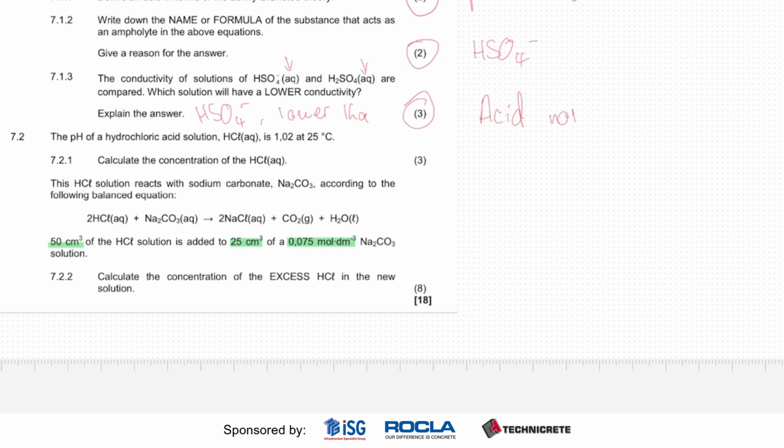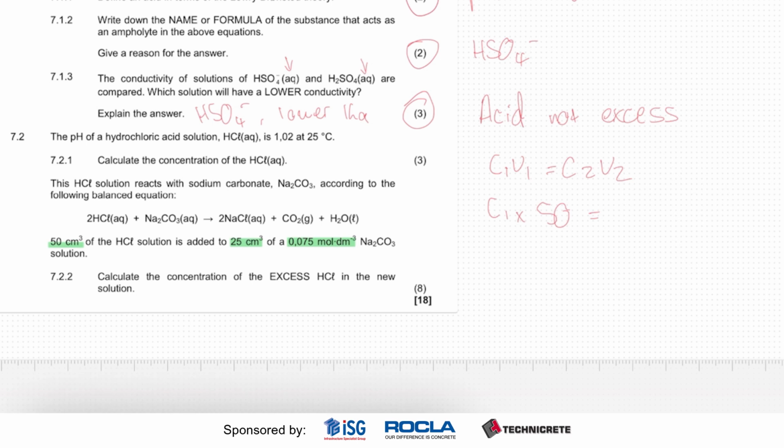I guess this is the assumption I'm going to do this question with, as they don't tell us that, but I'll work with that in mind. So basically we'll just use the simple algorithm C1 V1 equals C2 V2. So we don't know the concentration of acid, but we know that the volume is 50.